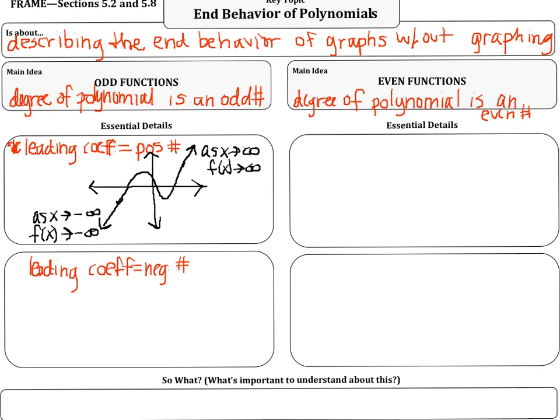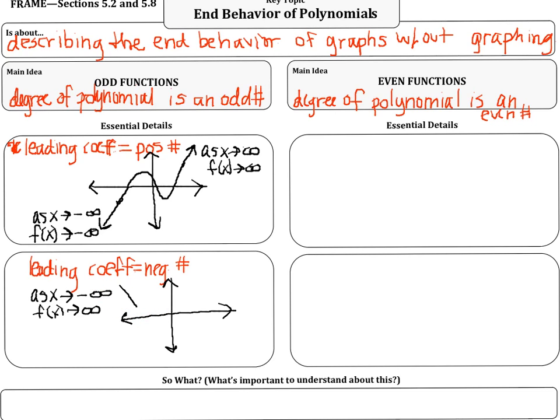So let's look at if our leading coefficient is negative. If we have an odd function, so our degree is an odd number, and our leading coefficient is negative, what we see is that as x goes to negative infinity, our function, f of x, goes to positive infinity. So on my graph, as x goes to negative infinity, my function goes to positive infinity.